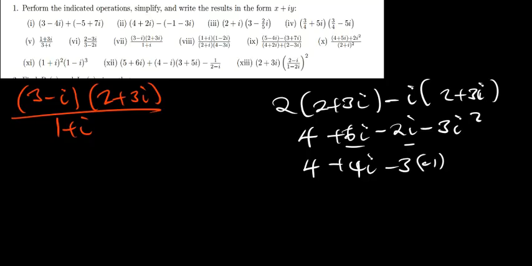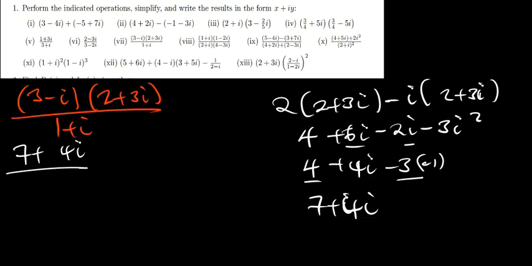So this and that is going to be plus because of this negative, so it will be 4 plus 3, which is 7. 7 plus 4i. So I'll replace now the top part with 7 plus 4i divided by 1 plus i, like that.